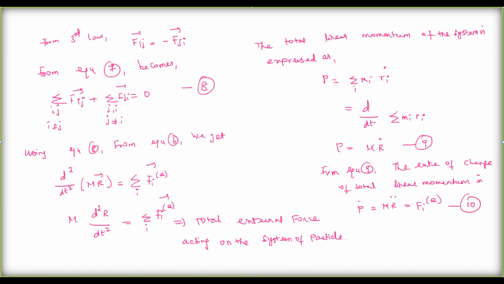From this equation we conclude that the center of mass behaves as if the total external force acts on the entire mass of the system. That is the first point. The second one: if the total external force vanishes, the total angular momentum will be conserved.